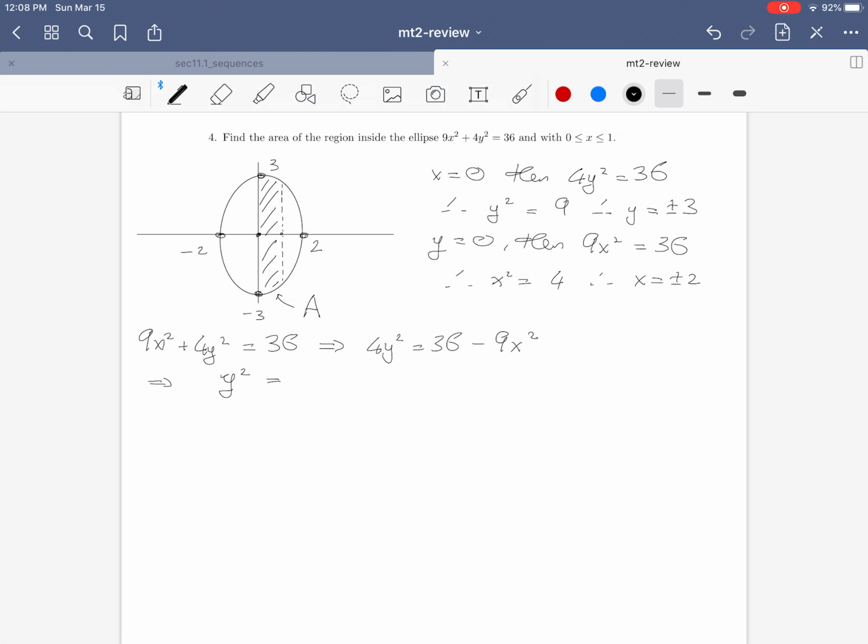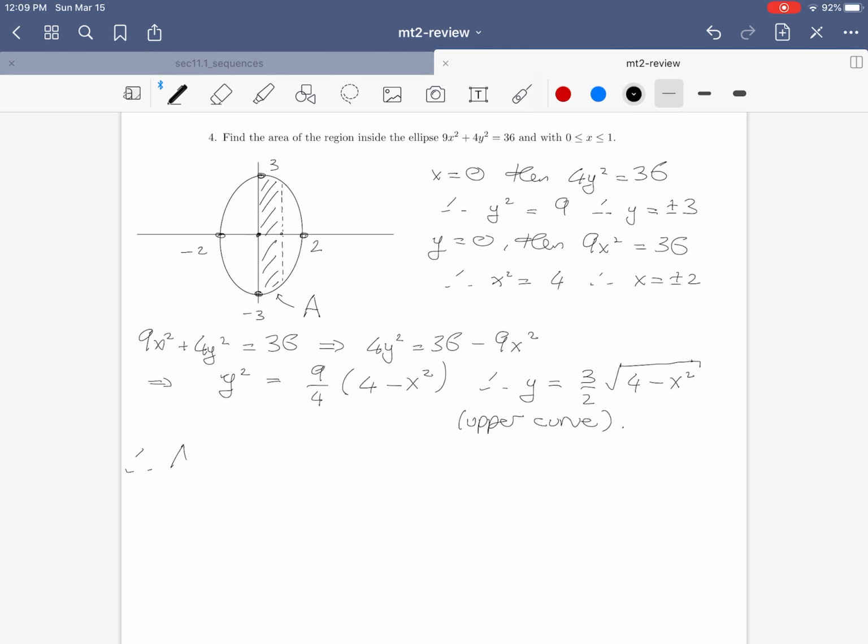Y squared is equal to 9 divided by 4 times 4 minus x squared. So therefore y is equal to 3 over 2 times the square root of 4 minus x squared. Okay, and this is the upper curve.